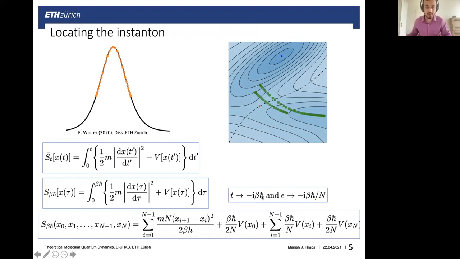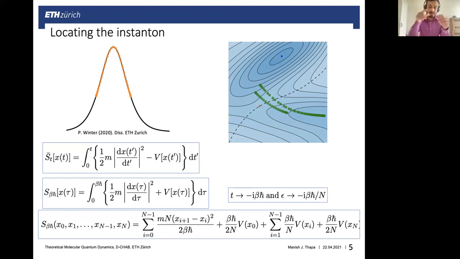I've written beta h bar here. Let's say you replace t with minus i tau here and here, and you essentially get this plus in front. And now your quantum propagator starts to look like the quantum Boltzmann operator, right?